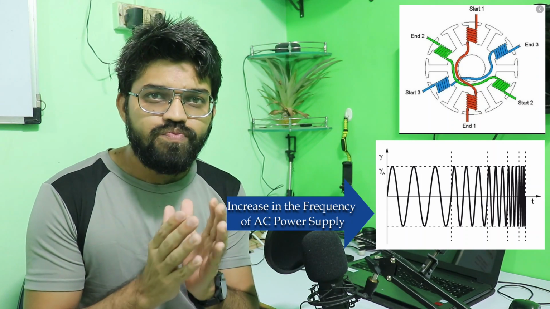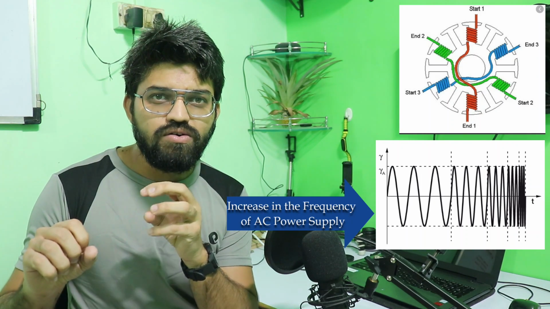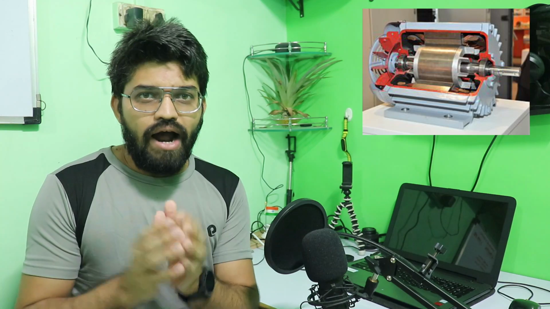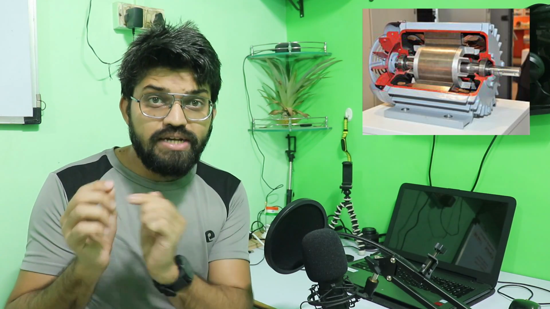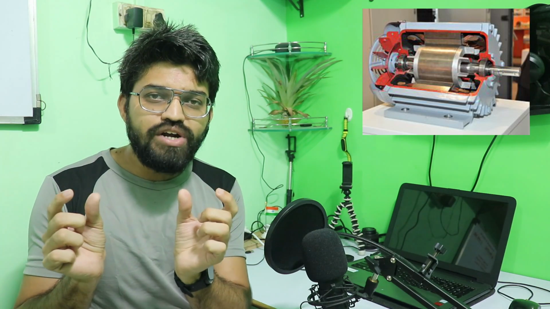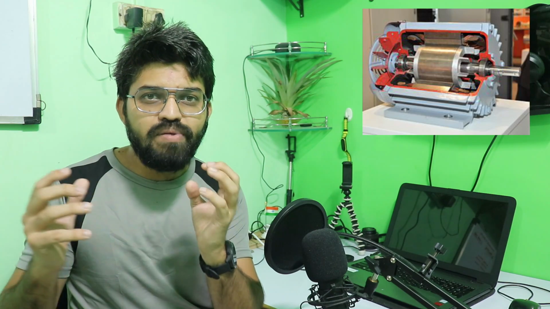Now when we insert a rotor into these stator windings, there is a sufficient gap between the stator and the rotor. The rotor is supported by bearings from both sides, and it is completely enclosed within the stator winding.